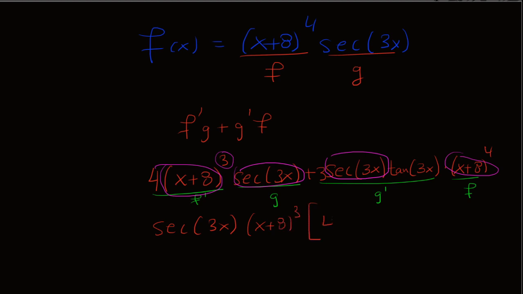What's left is the 4 in front plus 3 tangent 3x times (x plus 8). Since we factor out a cubed, we would just subtract this exponent by 3. And that's the derivative.